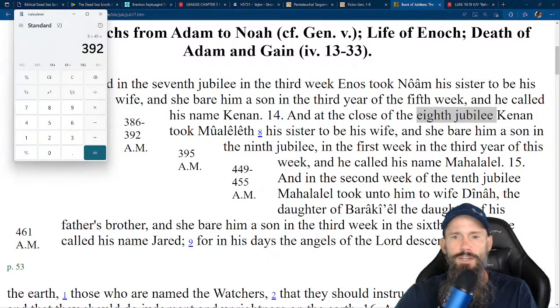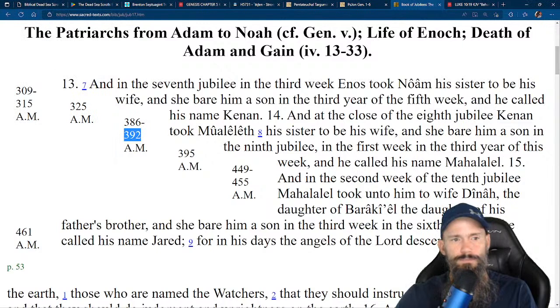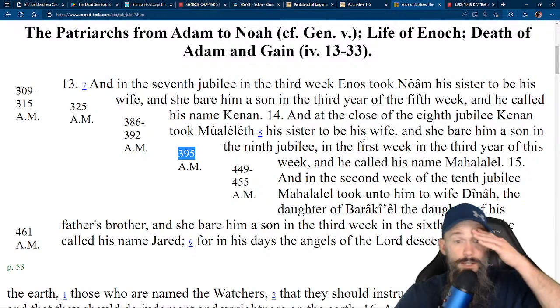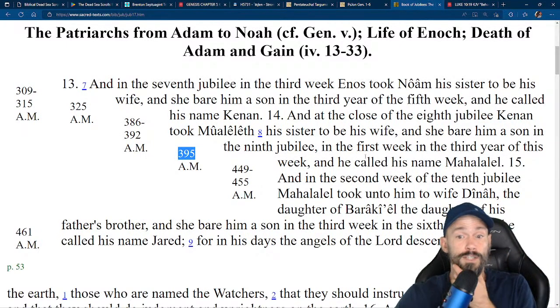Bear him a son in the 9th Jubilee, in the first week, in the 3rd year of the week. So yeah, see they got the 392 right here. 395 in the 9th Jubilee, 1st week, 3rd year, called his name Mahalalel.